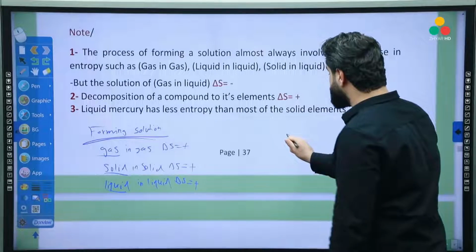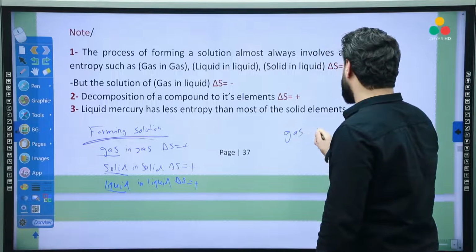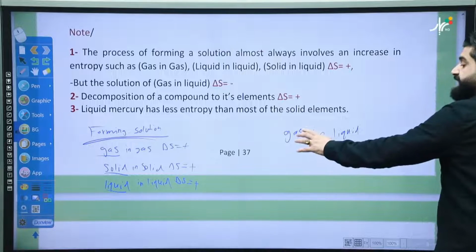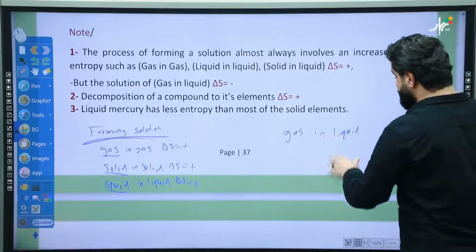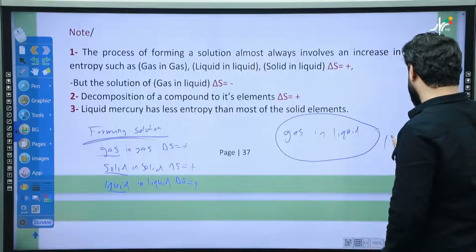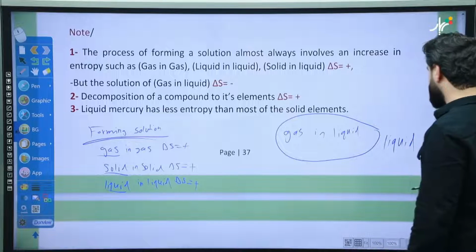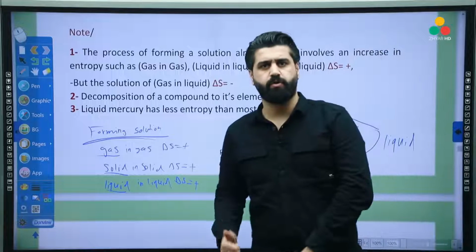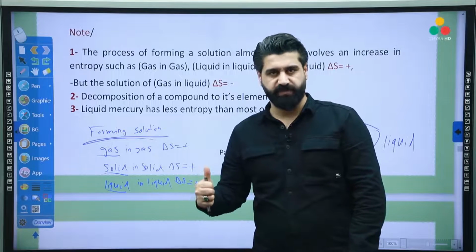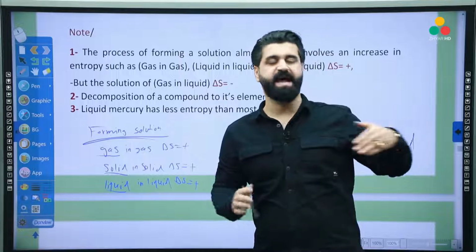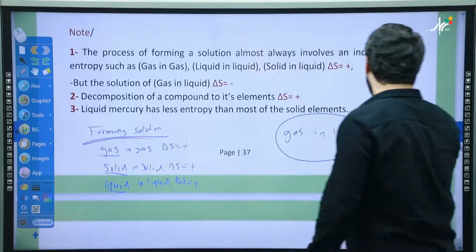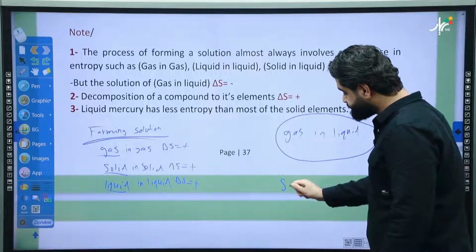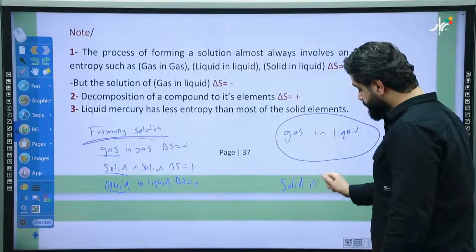But what if we dissolve gas in liquid? Gas, after being dissolved in liquid, the total solution will be liquid. So we just converted gas to a liquid phase, so we can go with the first rule. As I told you, conversion from gas to liquid has a negative value of delta S. But what if we dissolve solid in liquid?